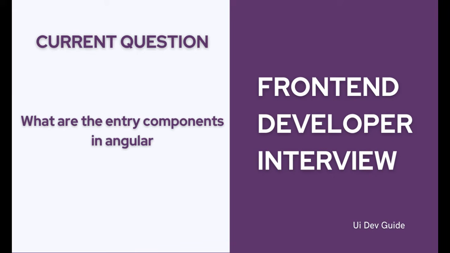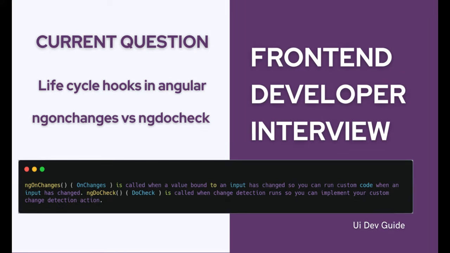Okay, so we'll move to the two things regarding the Angular lifecycle. Tell me, what is the difference between ngOnChanges and ngDoCheck? ngOnChanges gets executed as soon as the constructor completes its execution.